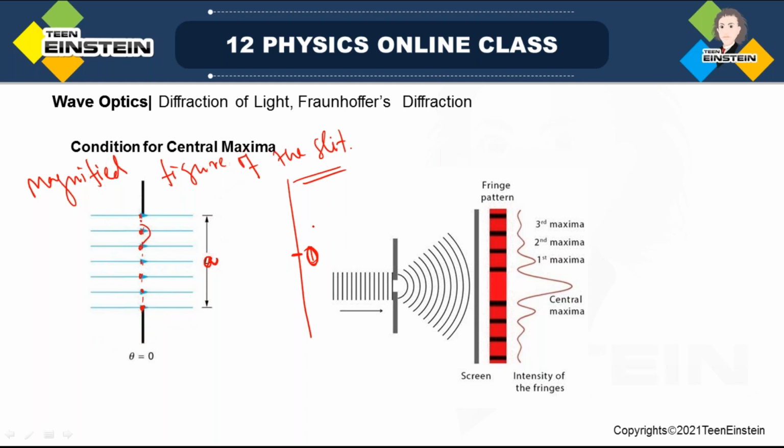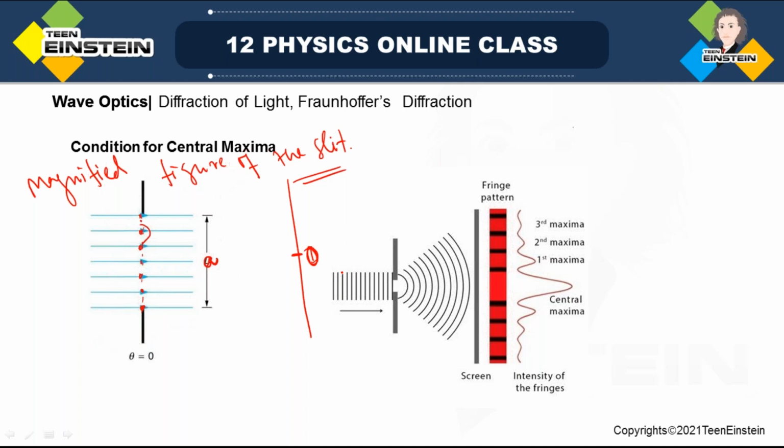Whenever I say maxima or minima, this diffraction is nothing but interference. So you can find out the phase difference, path difference, and according to that, you can find out the condition for maxima and minima. Where constructive interference happens, that will be maxima. Where destructive interference happens, that will be the position for minima.